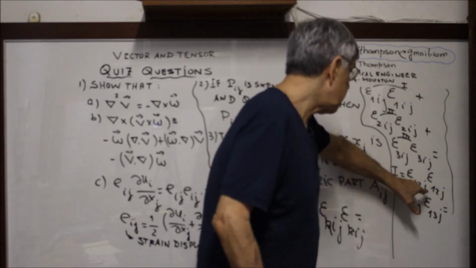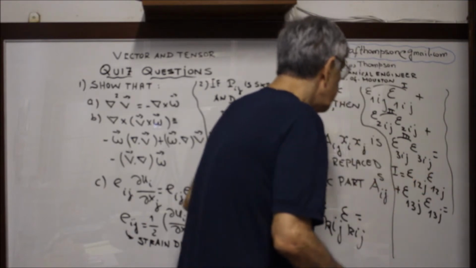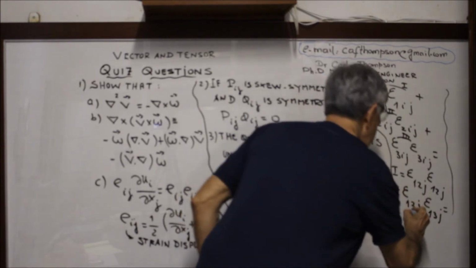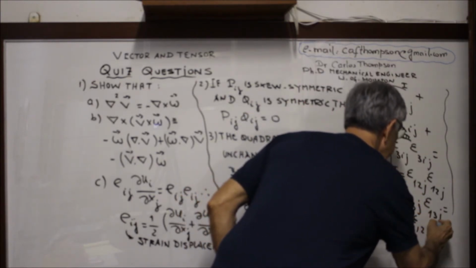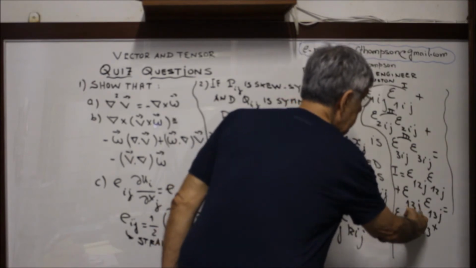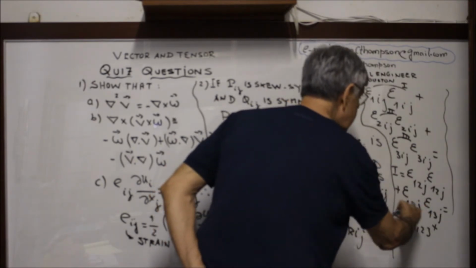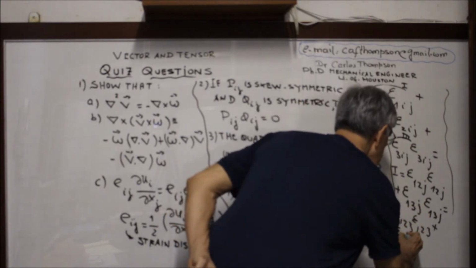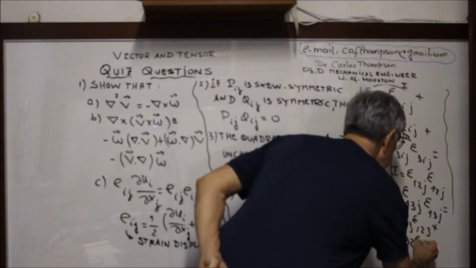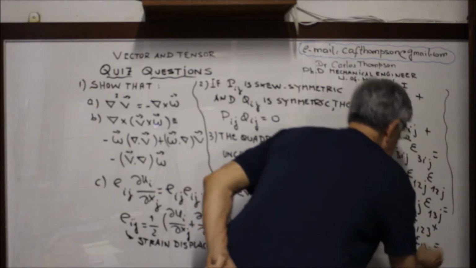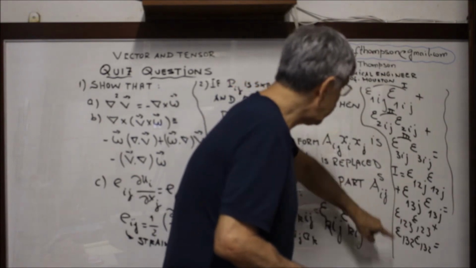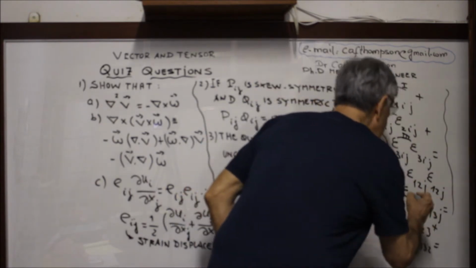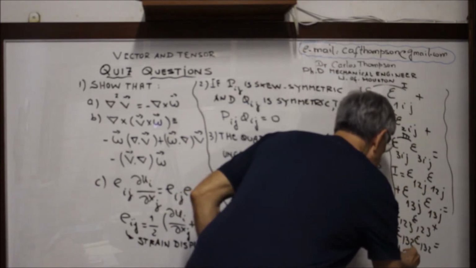If j is different from 3, this term will be 0. So this will be epsilon 1,2,3, epsilon 1,2,3, plus here j must be 2, because if j is equal to 1, this is 0, j is equal to 3, this is 0, plus epsilon 1,3,2, epsilon 1,3,2. Now, epsilon 1,2,3 is plus 1. So this is equal to 1.